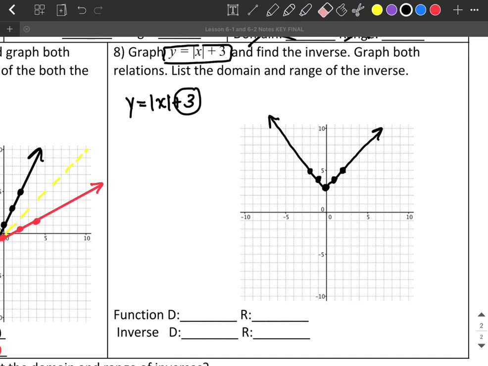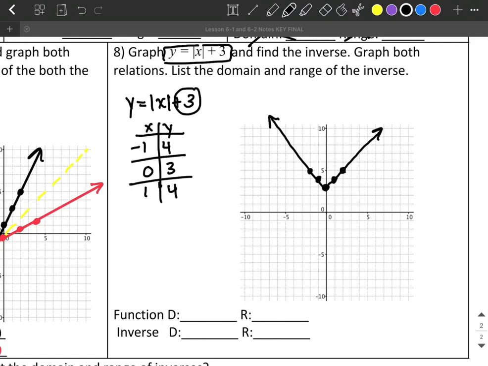And then our inverse, if we want to do the inverse of that. Actually, wait, I'm sorry. We needed the table for a reason, because it's the only way we can do the inverse. So the original function, the points I plotted are -1, 4, 0, 3, and 1, 4.